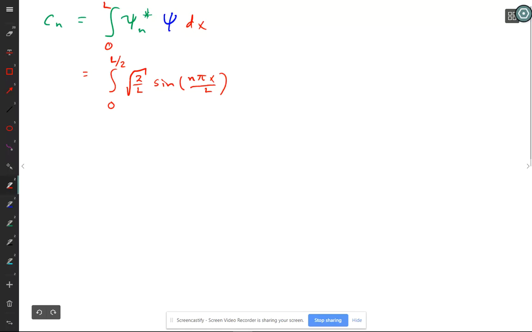So I put in my psi star. And now my psi for the first portion is going to be square root of 12 over L cubed. That was the normalization constant we found, times, and I actually want to change the color of this, x dx. Then I have the second part. That's only the first part.